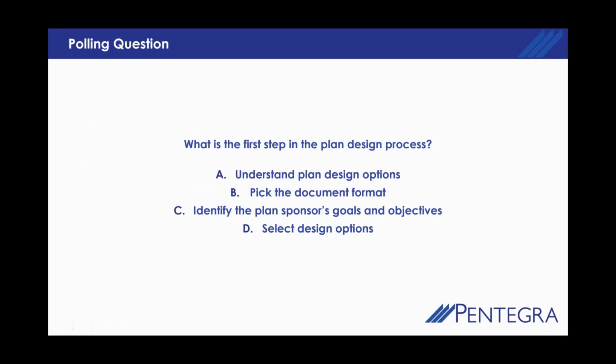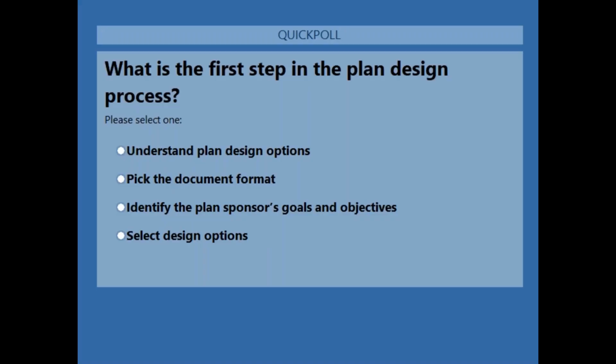All right, we'll take our next polling question. The polling question should now appear on your screen. What is the first step in the plan design process? A, understand plan design options. B, pick the document format. C, identify the plan sponsor's goals and objectives. Or D, select design options.